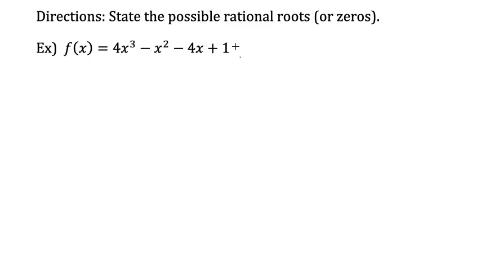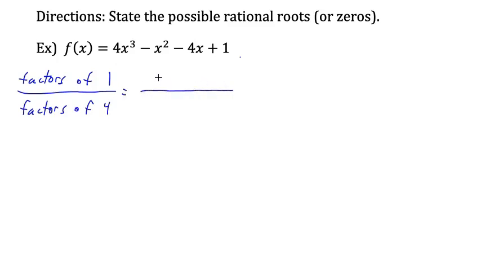All right, then in the numerator of our list will be the factors of the constant term. Maybe we can start writing this a little bit differently. So we'll have the factors of 1 over the factors of 4.